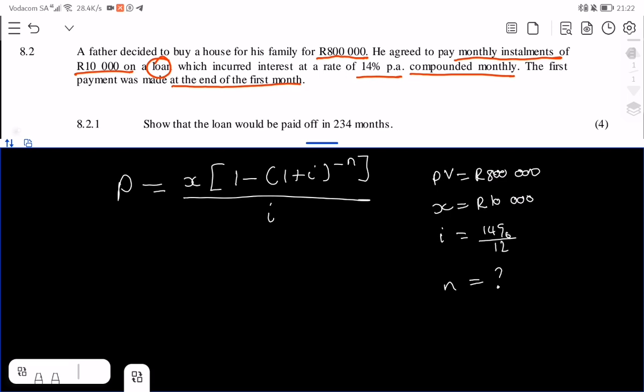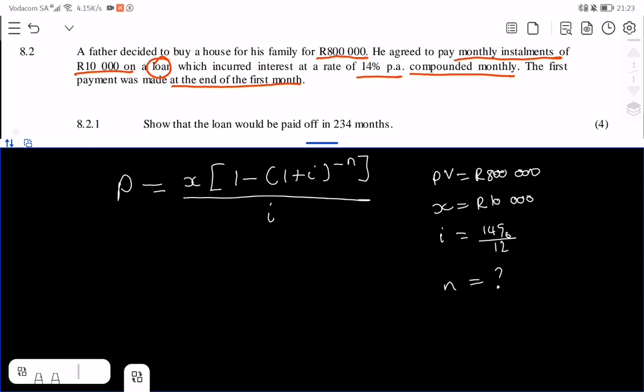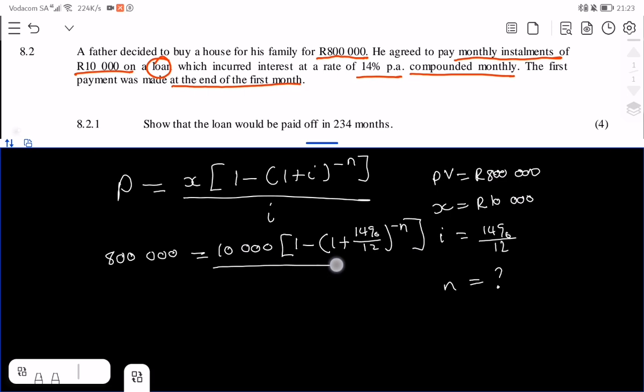For P we substitute 800K, for the installment we put 10,000 times 1 minus 1 plus the interest of 14% divided by 12 to the power of negative n, then everything divided by I, as 14% divided by 12.